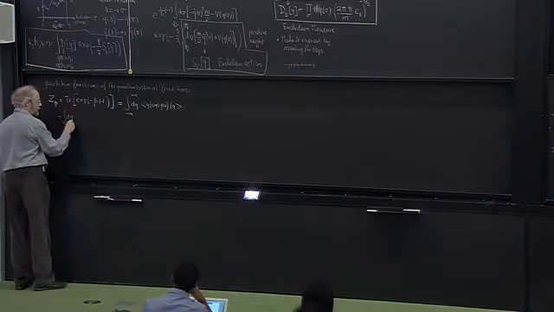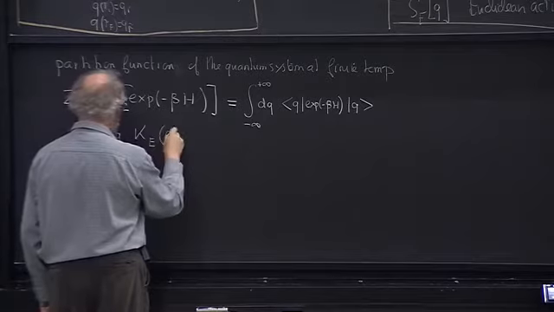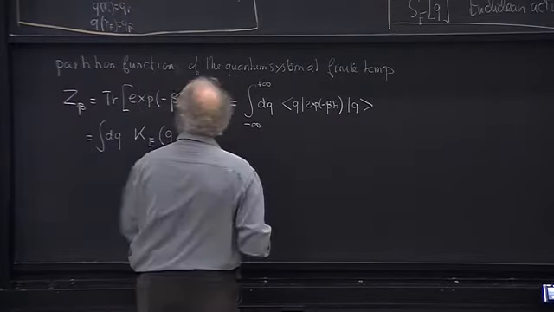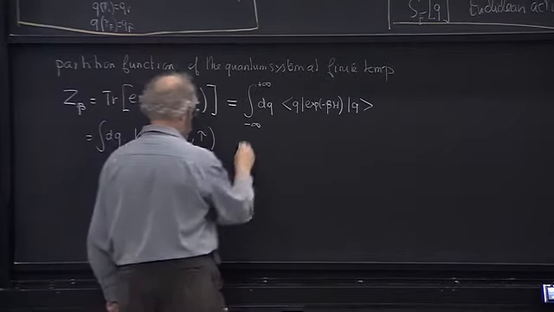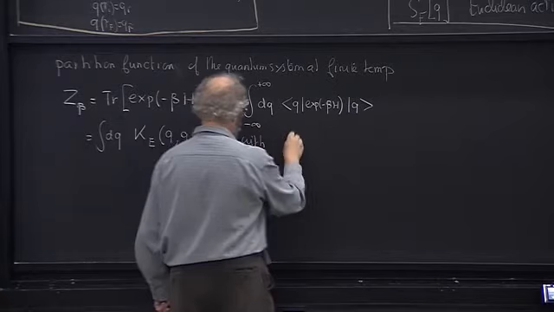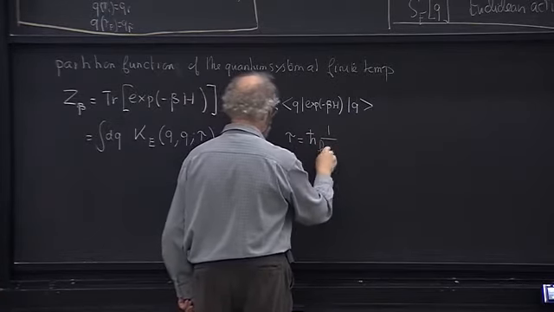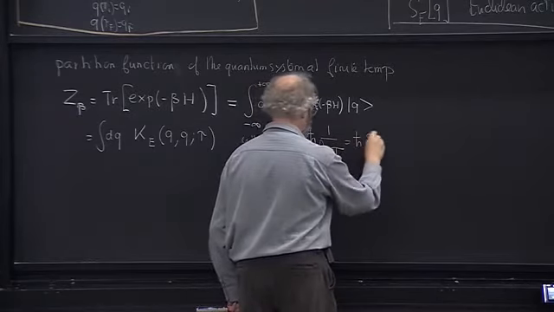Now we have a path integral representation for this object, because this is just the integral dq times K Euclidean of the same initial and final position at Euclidean time tau, with tau equal to h bar times 1 over k Boltzmann T. It's h bar beta.